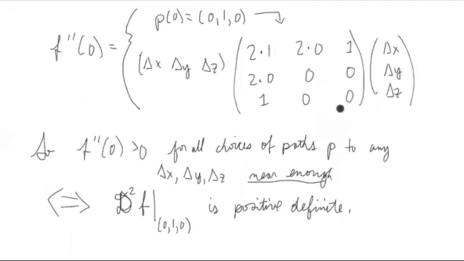Then again, as we're looking at this, we can plug in our point. In this example, it was neither positive definite nor negative definite, but you can see that the second derivative where t is equal to 0 is actually equal to this matrix calculation that we had.